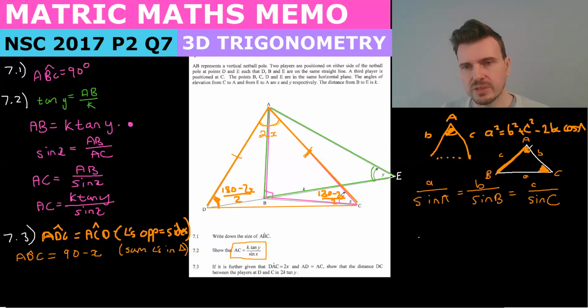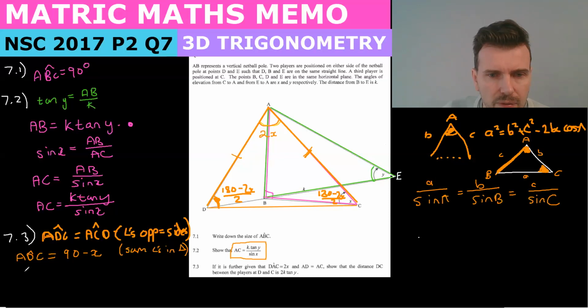So when you're looking at sine rule, you need one side and one opposite angle. Whereas the cos rule, you're looking for two sides flanked by an angle. Here we're looking for a side opposite an angle. Okay, so we're looking for DC. So let's use A as DC, because that's what we want to find.